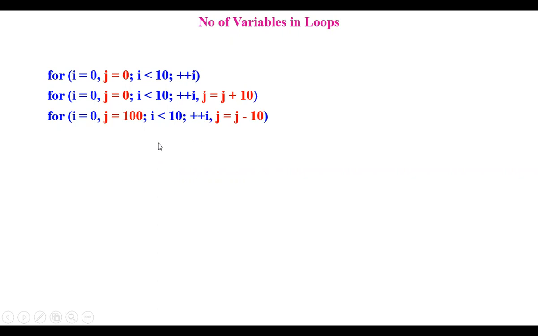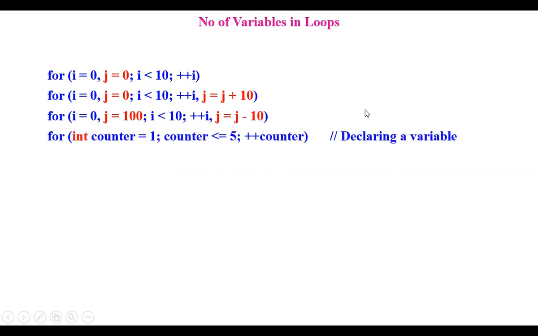Depending on the condition, you can have any number of variables like this. Even it's not only assigning the value here; you can declare this variable in the for loop. In the for loop, this counter is declared as an integer and also assigned a value here.